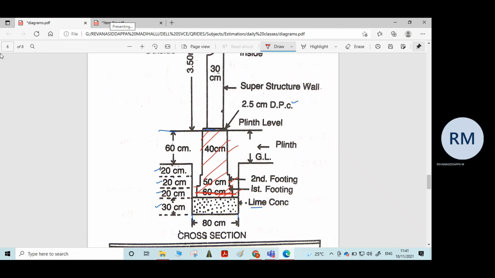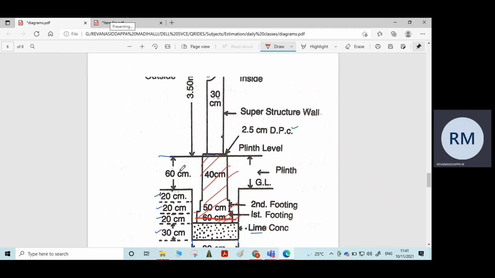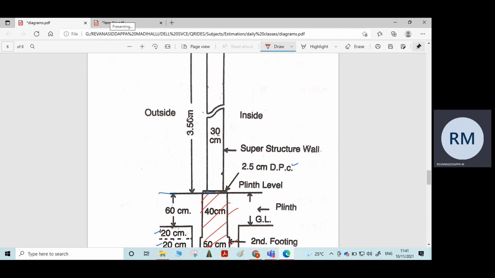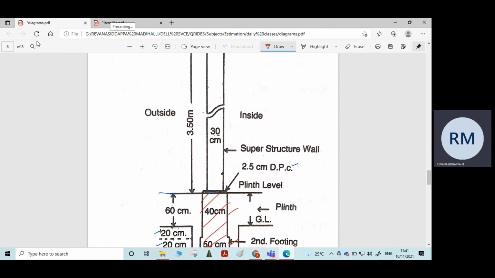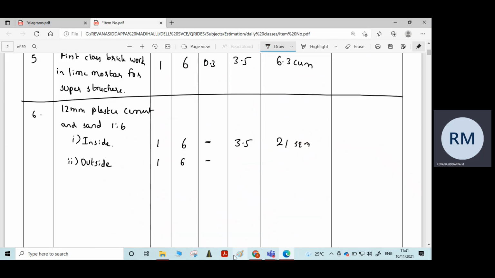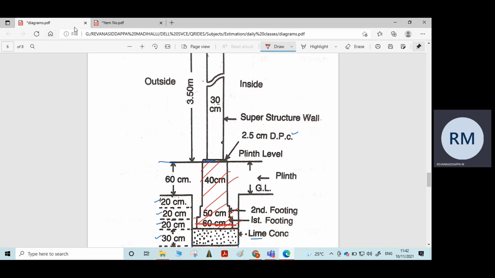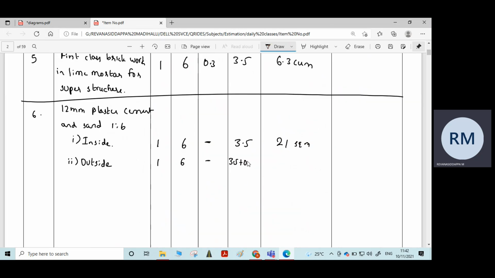Therefore, here the height will be how much? 3.5 meter plus 0.6 meter plus 10 centimeter below ground level, that is 0.1 meter. Therefore, the height will be 3.5 plus 0.6 plus 0.1, 4.2.